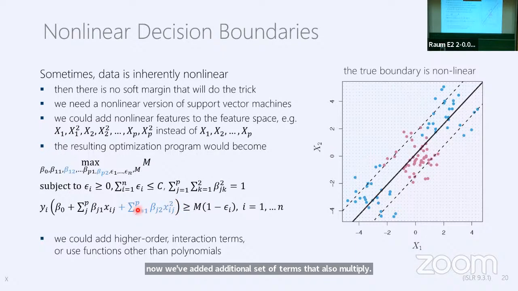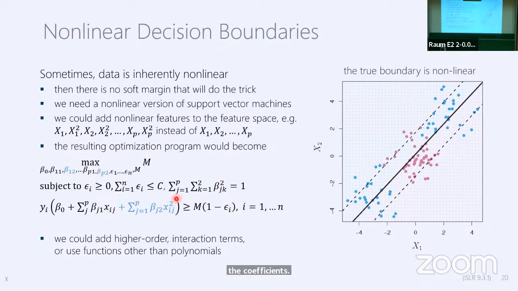Of course, you can add many more terms. What is important to keep in mind, similar to the lecture on splines, is that this model is still linear in the coefficients beta, which means this whole problem is convex, which again means we can plug it into a library and get the solution out. Everything is the same. We still ensure the unit norm constraint. We still ensure the margin constraint. And we're done here.